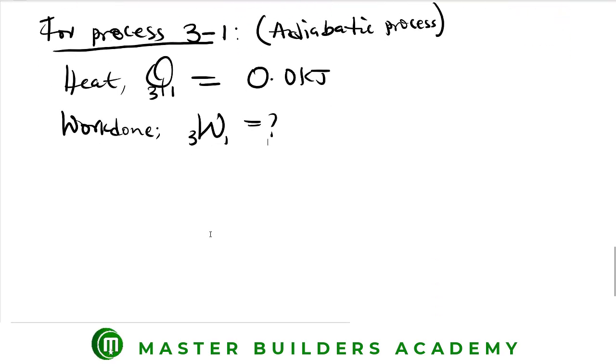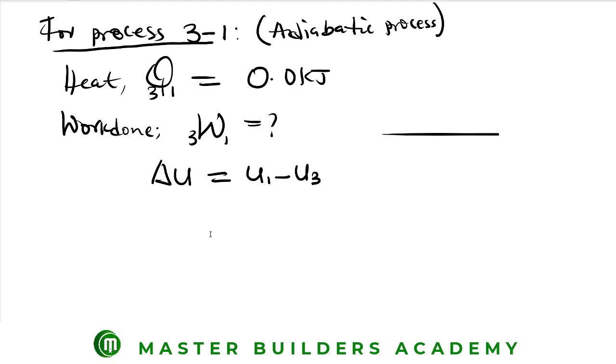And then again, we now have our change in internal energy. So change in internal energy, let me just use the symbol delta U, and then this will now become U1 minus U3. You remember? Final, because in this case now, this is what we have. So it's now from 3 to 1.